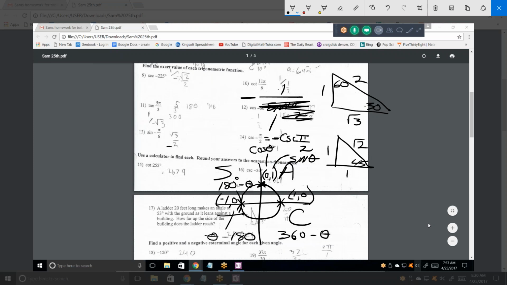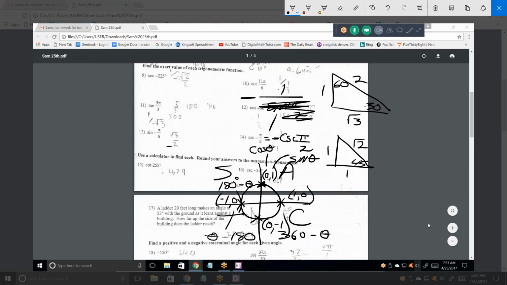Tells me the cosine of 180 degrees is minus 1. You see what I'm doing? That will give you all your quadrantal angles, multiples of 90. This one down here, that's 0 comma minus 1. What's the cosine of 270?